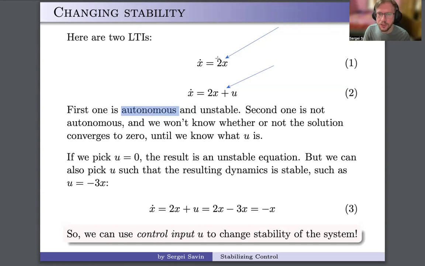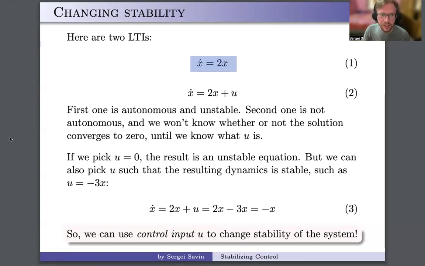Just to remind you, autonomous means it doesn't have anything except the state in the right-hand side. So x dot depends only on x. Does not depend on u, on t, on anything else. So that is what makes it autonomous. It is autonomous and unstable.